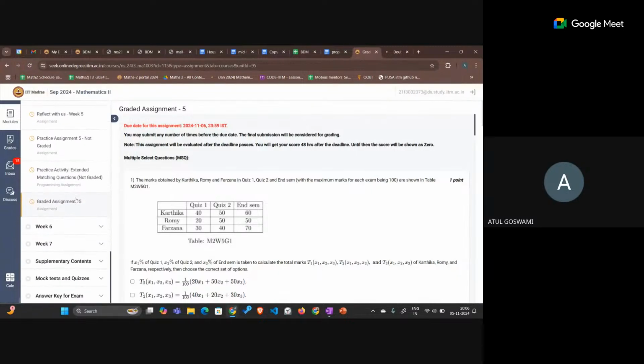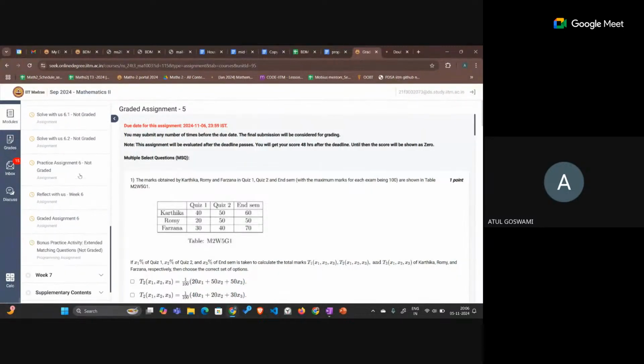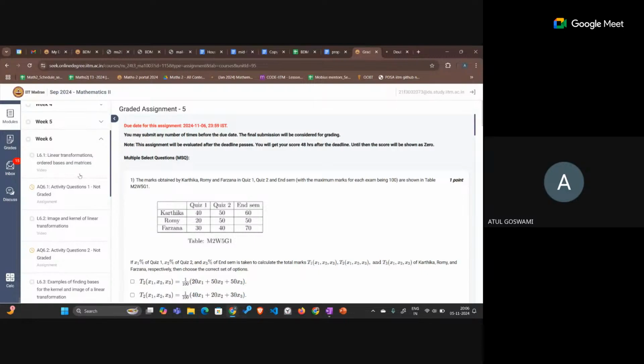Now in week 6, we will understand more properties of a linear transformation. Suppose, what is the kernel of a linear transformation? A linear transformation also has a kernel. A linear transformation has a matrix that can represent it for a particular ordered basis of the domain and codomain. Then what is a basis of a codomain? What is an ordered basis?